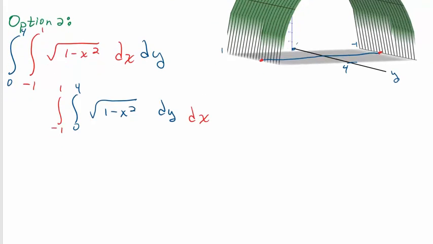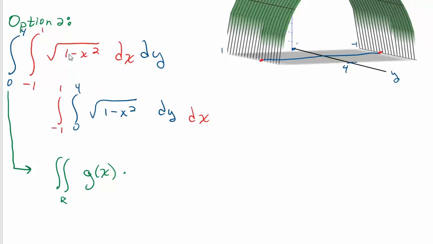I want to throw one more option out there. I guess we could consider this under option 2. If I set up this integral, I want to remind you of that bonus property that we had, that if we had some double integral over a region where we could write our f of xy. Y could be anything, but it's still f of xy.